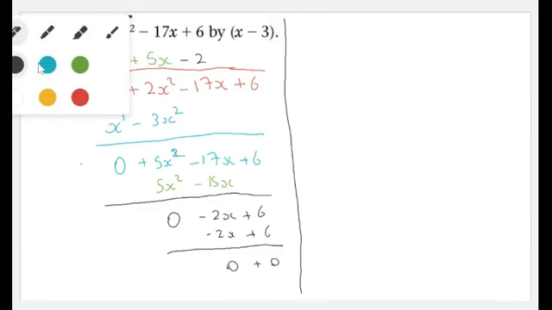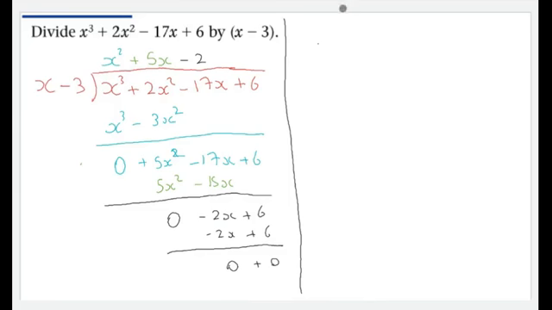So we may as well extend this to this question then. So you could now factorize this as this x cubed plus 2x squared minus 17x plus 6. By the way, this is not part of the question. This is just me saying what we can do with what we've done, which is now going to be, this can be written as x minus 3 multiplied by the thing that we've got as our answer.